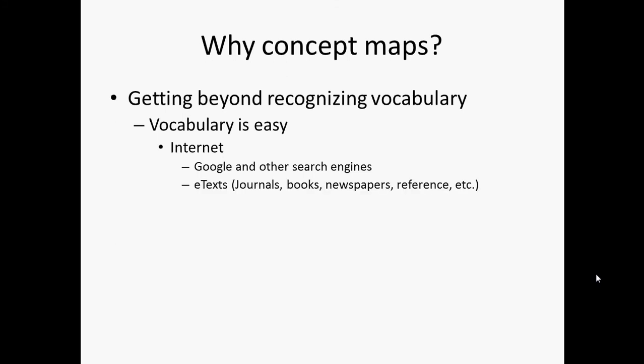There are plenty of e-texts, electronic versions of journals, books, newspapers, and other reference materials. Don't forget that we still have hard copies of all these types of things, and also people at our disposal. There are a lot of ways to get at just vocabulary.